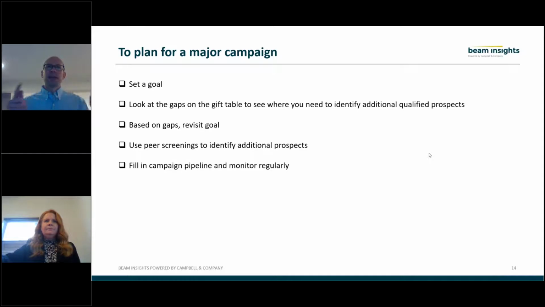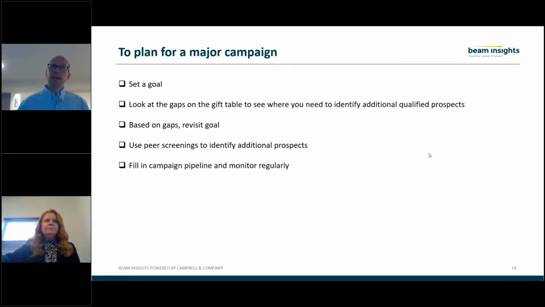But often those two things, that gut instinct and that data-backed perspective, are not eye to eye. Taking the time to sit down and say, what is our data across a gift table, in the way that Caitlin showed you, tell us what we might be able to achieve over a specific period of time, exclusive of the type of goal you might be setting, just specifically based on what your constituent base has the capability to do, all things being equal.